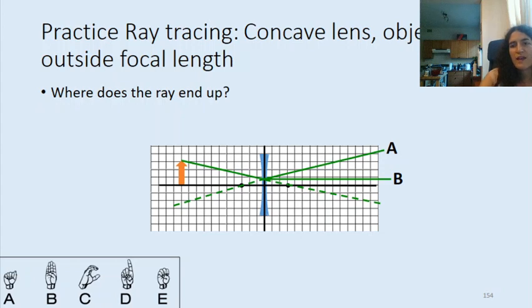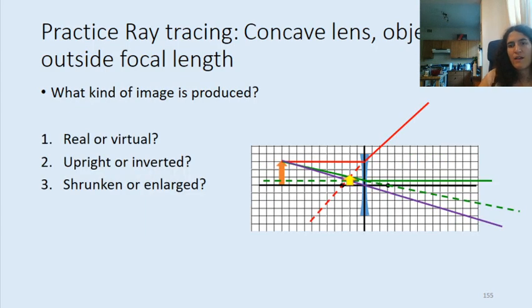Okay, hopefully you said B, right? And now we can combine together the purple ray that goes straight through, the green ray that I can trace backwards, and then this red ray that I can trace backwards. Where these rays intersect, I can put my object and my image, right?